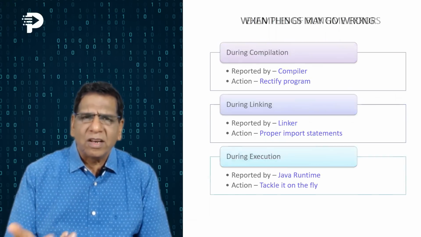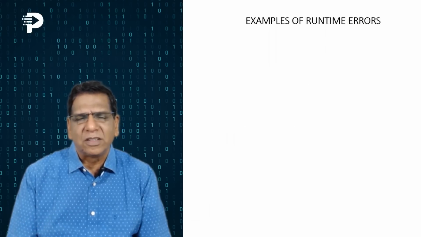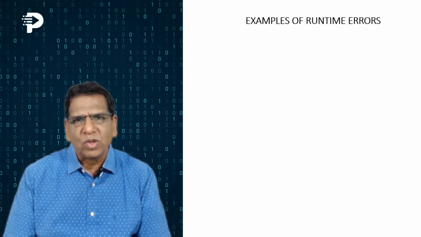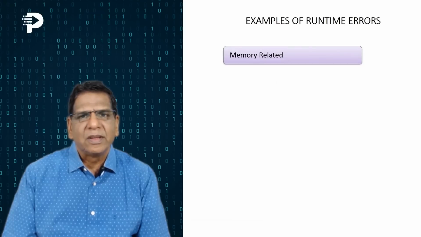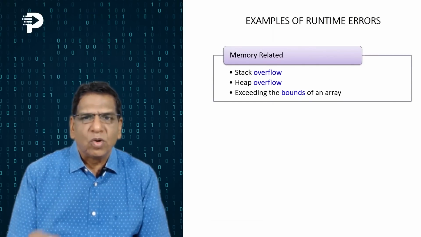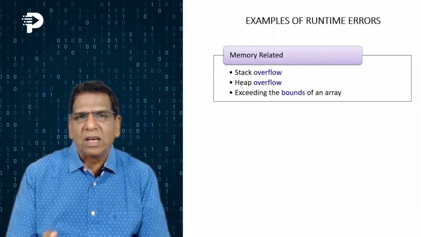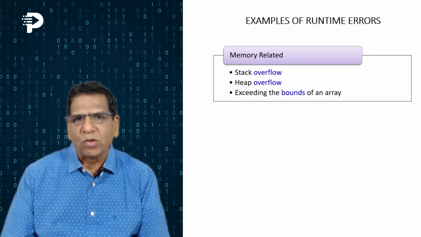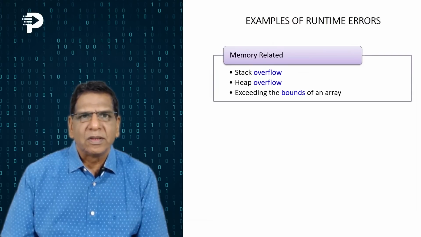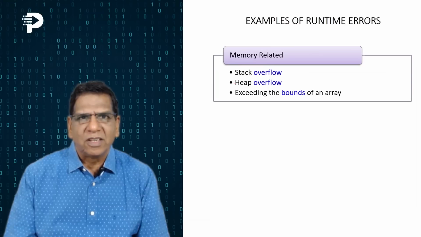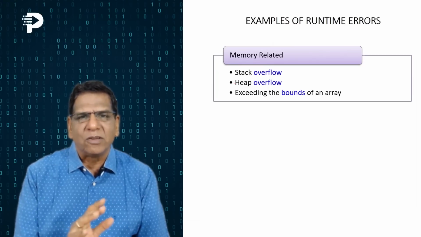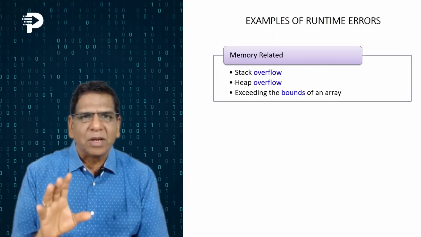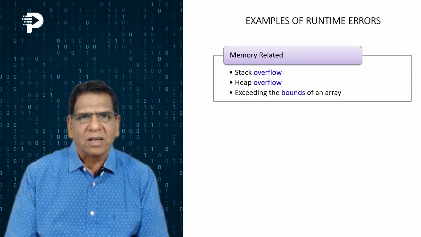Now there are several ways in which these exceptions may occur. Just to give you a couple of examples, memory overflow is likely to occur in the form of stack overflow or heap overflow. We know that objects are always created on the heap, normal variables always on the stack. So if the stack becomes full, a stack overflow would occur.